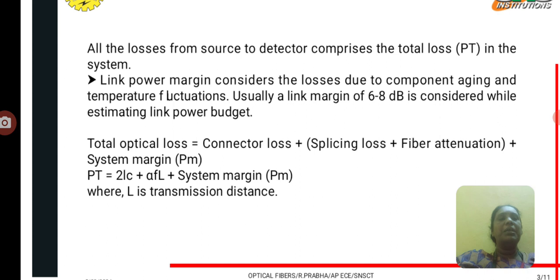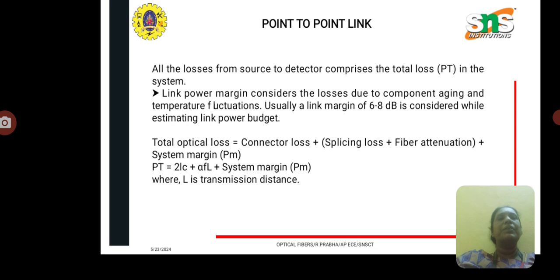This can be represented as PT equals 2LC plus alpha F L plus PM, the system margin. Here L represents the transmission distance, that is, the distance from the transmitter to the receiver.